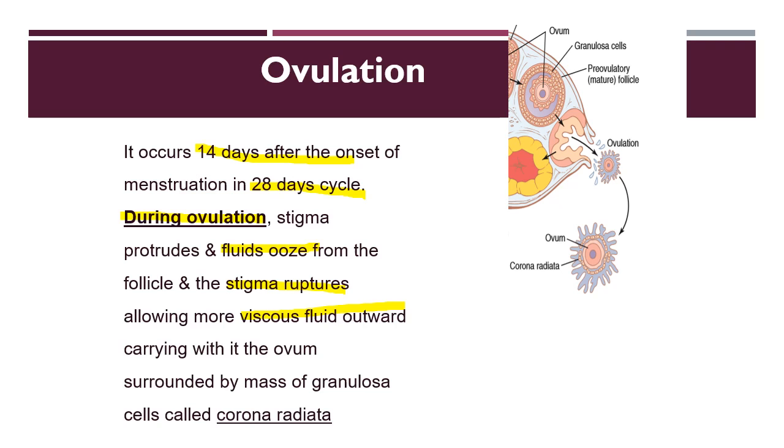As you can see here in this figure, the fluids inside the antrum will be expelled, carrying with it the ovum. At this stage, the ovum is surrounded by a mass of granulosa cells that is called the corona radiata. So the corona radiata is exactly the same as the granulosa cells.